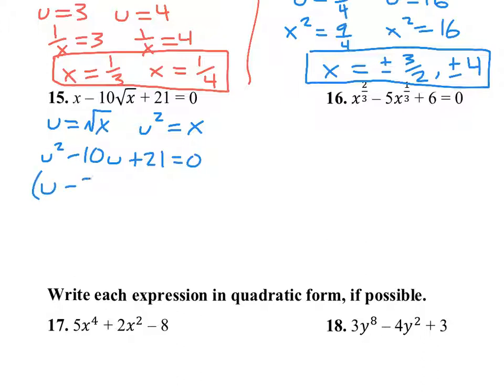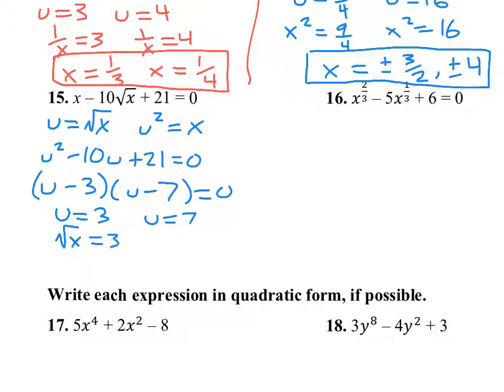U minus 3, U minus 7. So U equals 3 or U equals 7. Changing it back, radical x could equal 3 or radical x could equal 7. So that would make x equal either 9 or 49 if we square both sides.